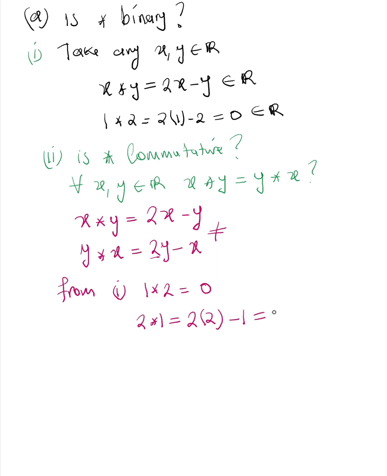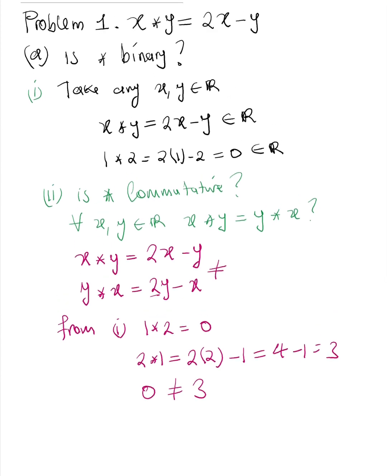And this is just 4 minus 1, which is 3. And we know that 0 is not equal to 3. Therefore, star defined by x star y equal to 2x minus y is not commutative on the set of real numbers.